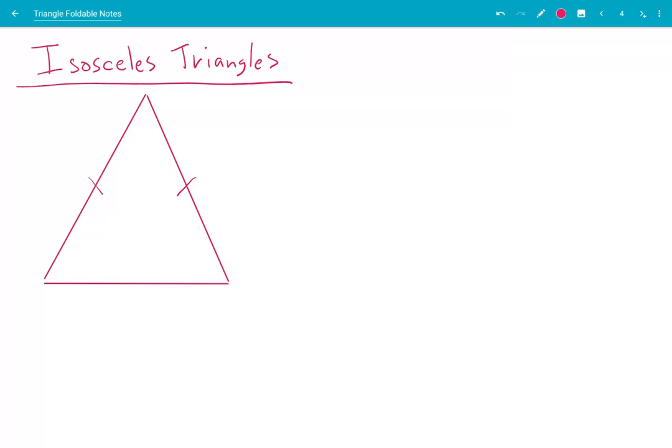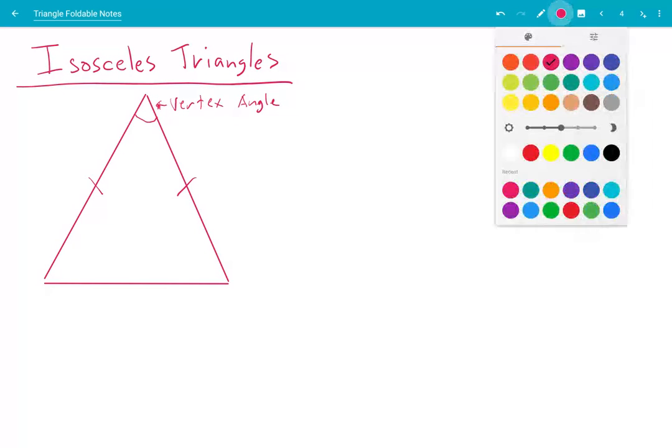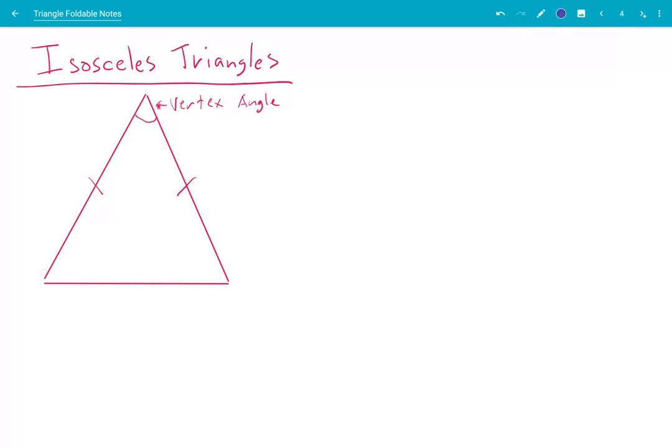The first part we'll talk about is, we'll start at the top. This is what we call the vertex angle. That's the one at the top. These here on the side, you know what? I'm gonna make that blue.